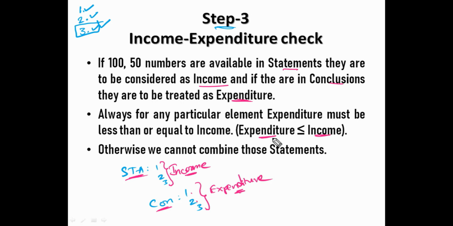Otherwise we cannot combine those statements, and we cannot get any conclusion. If this relation is satisfied, then the conclusion follows. If this relation is not satisfied, then the conclusion fails.